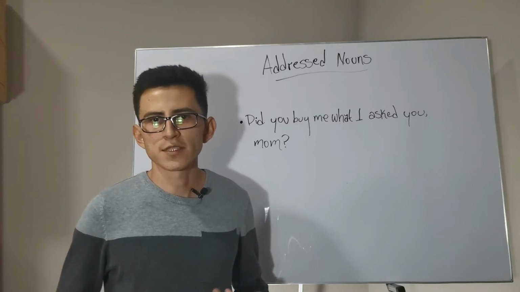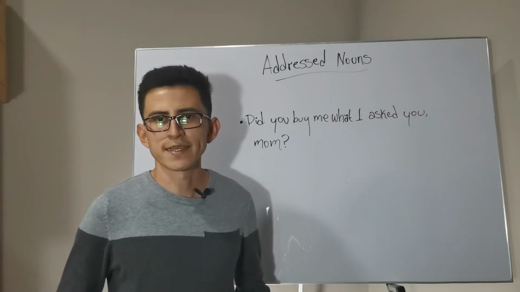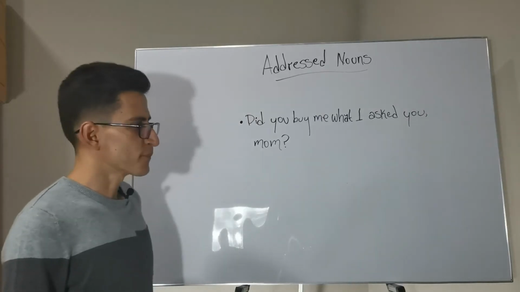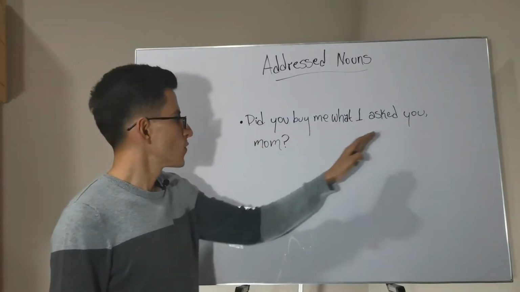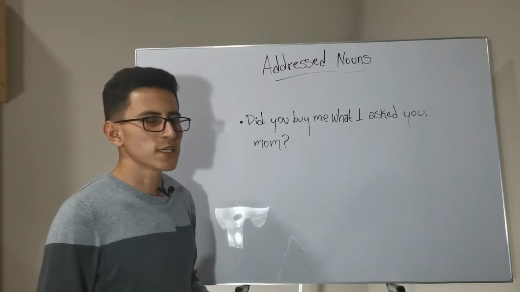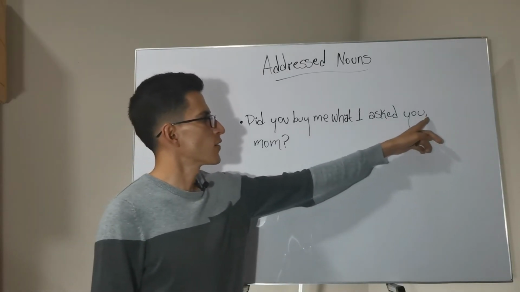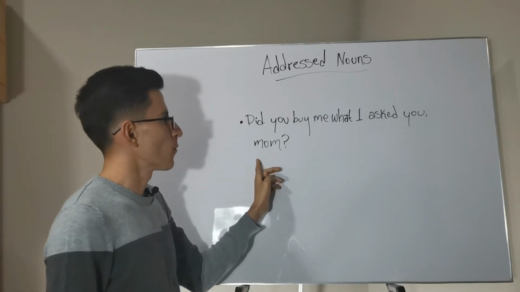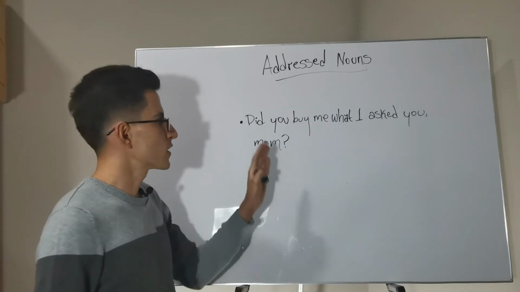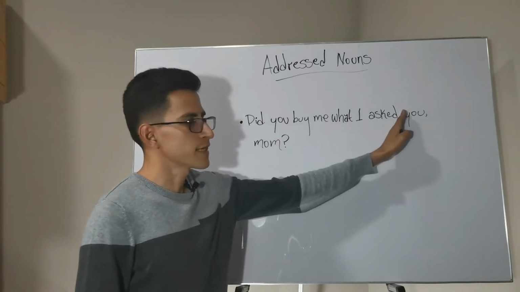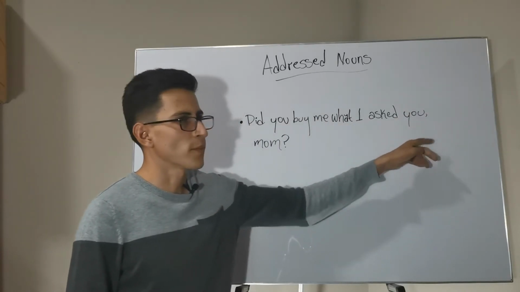Also, we can use addressed nouns at the end of a sentence, like in this example. Did you buy me what I asked you, Mom? If you see, here the addressed noun appears before a period, but it is always separated from the rest of the sentence with a comma.